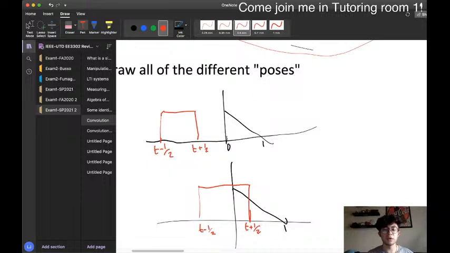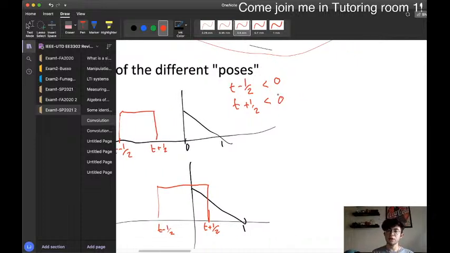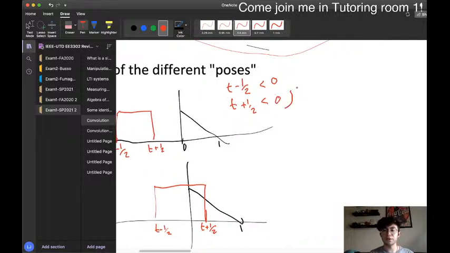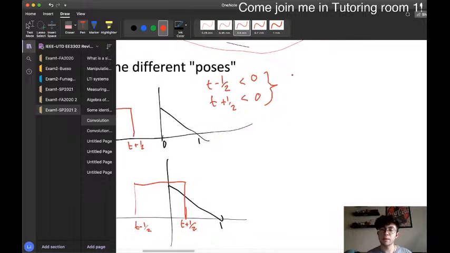The important points on our ramp are 0 and 1. So we have t minus 1/2 is less than 0, and t plus 1/2 is less than 0 also. If we do some math, then we get t less than 1/2, and t is less than minus 1/2.